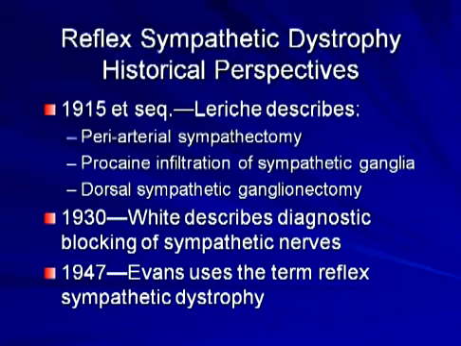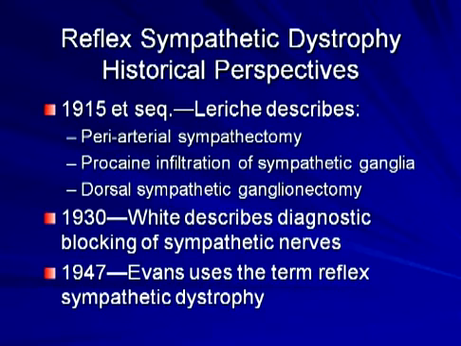In 1915 and following, Leriche, a French vascular surgeon, described surgical periarterial sympathectomies for the treatment of causalgic pain. And he also described procaine, which was developed in the early 1900s.